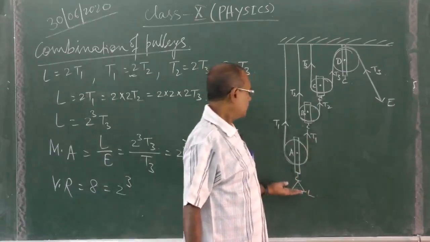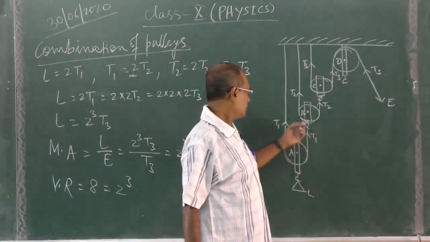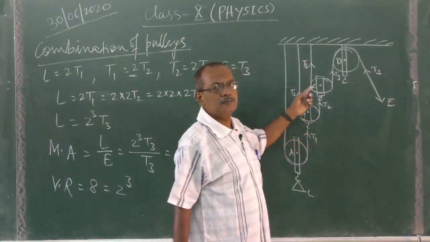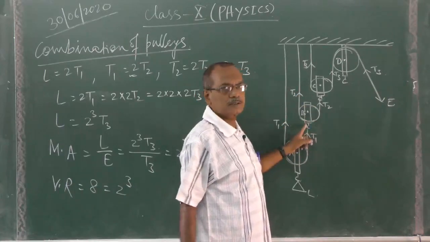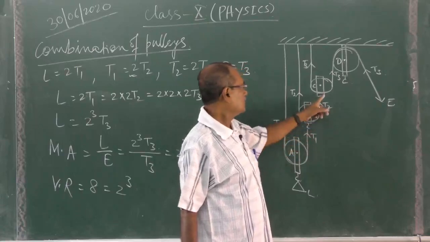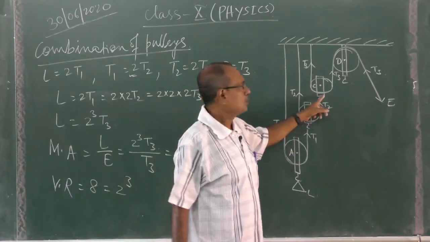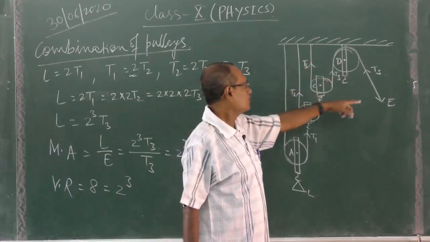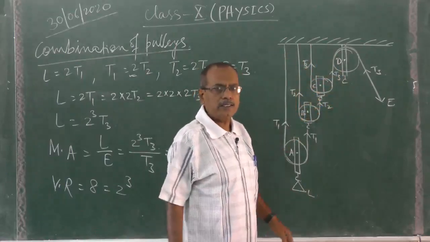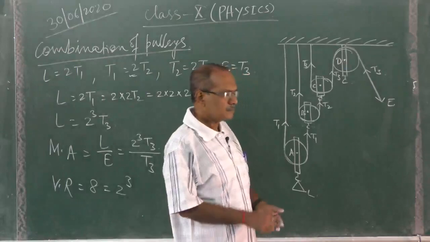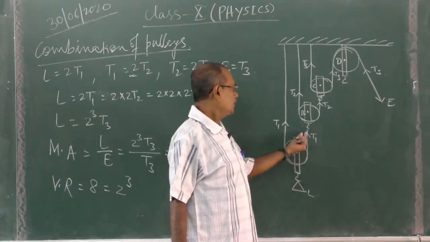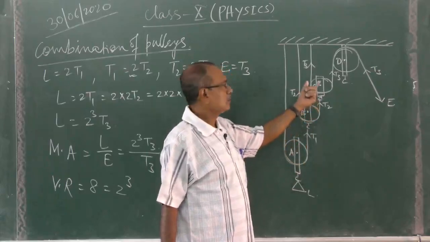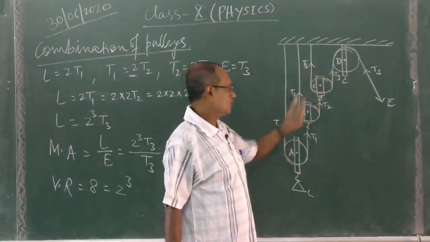We are lifting this one by x. So therefore it will be pulled by how much? It will pull 2x. Then 2x into 2 is 4x. 4x into 2 is how much? 8x. So in this way, here x, here 2x, again 2, again 2.